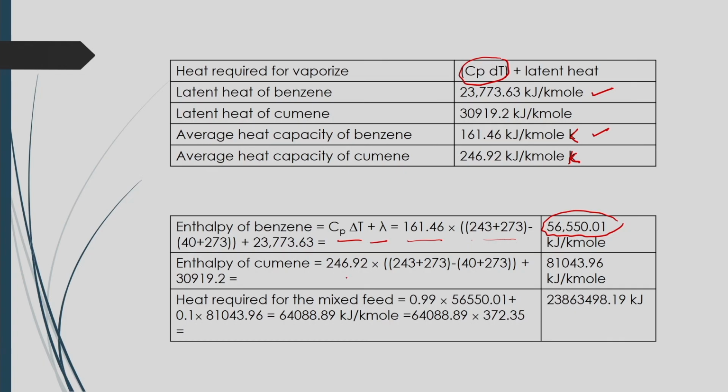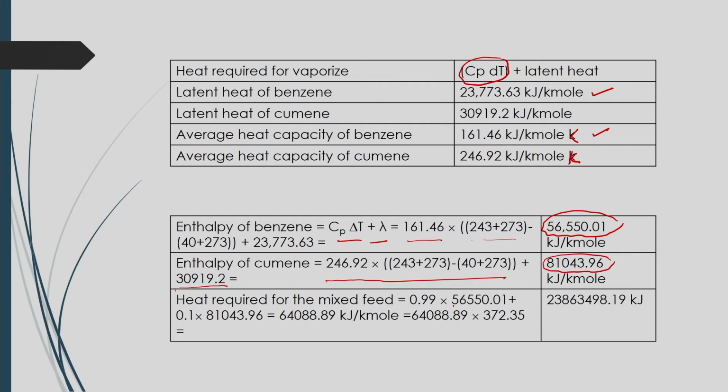Similarly, the enthalpy of cumene can be calculated as the summation of sensible heat and latent heat. As per this, the sensible heat is like this and the latent heat is this. So, the total enthalpy per kilomole of cumene is 81,043.96 kilojoule per kilomole.